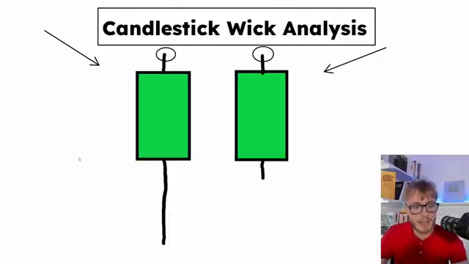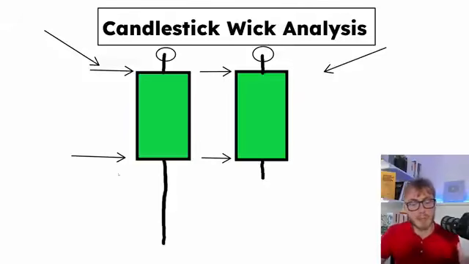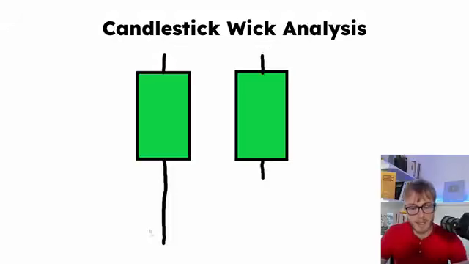We can also see that the candle opened at the exact same price, and the candles also closed at the exact same price. So the only difference between these two candles is that for the candle to the left here, we had a low point all the way down here, but for the candlestick to the right here, we had a low point down here. And this difference here between the low points are actually more important than you might think.